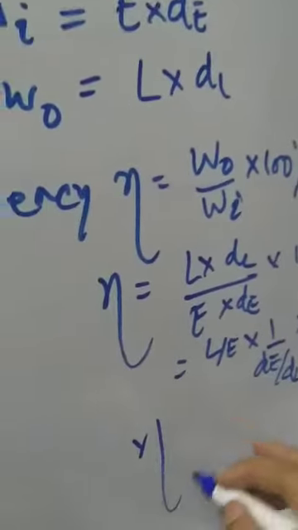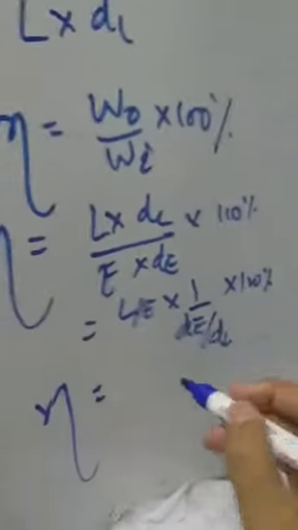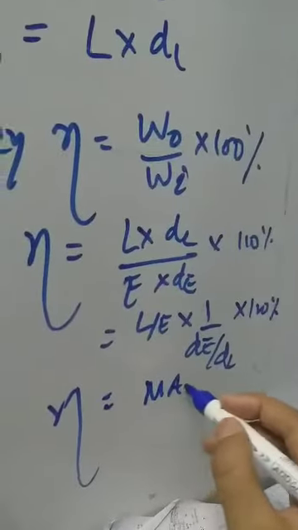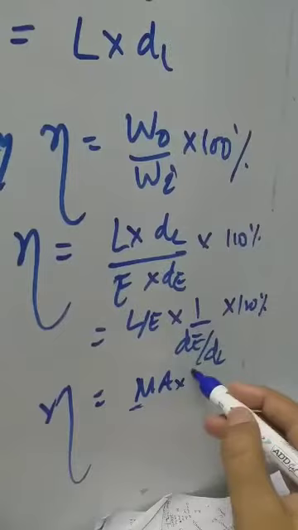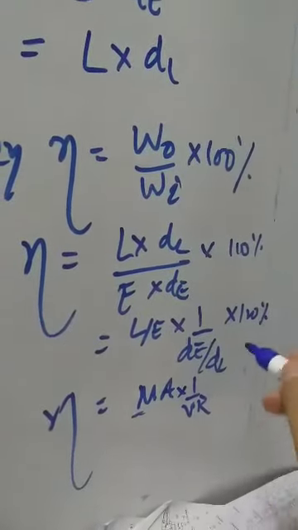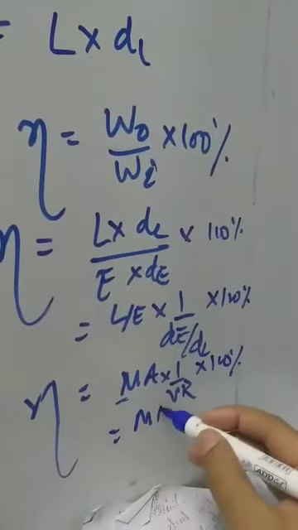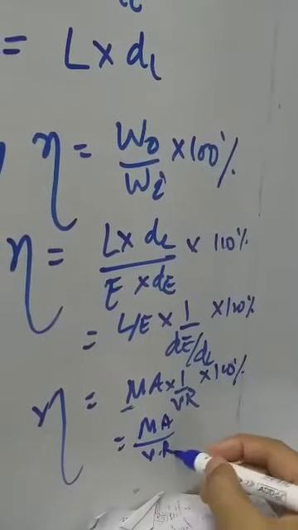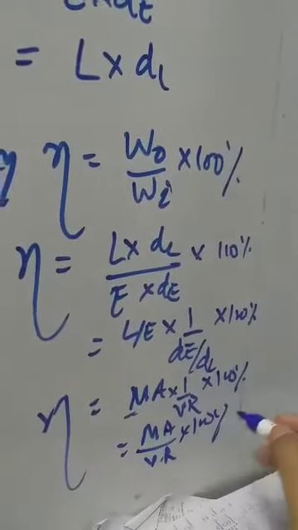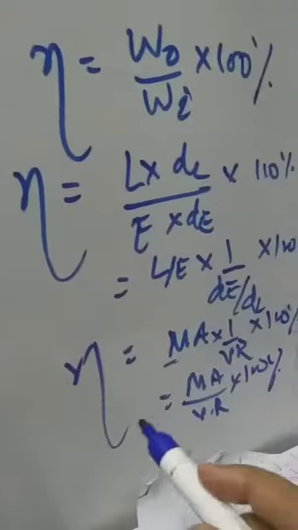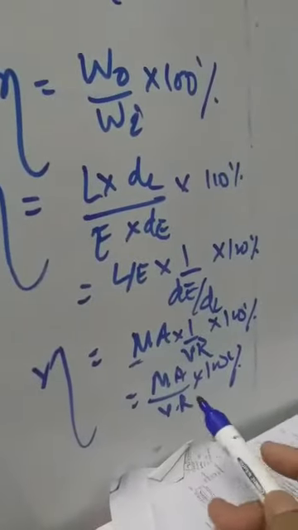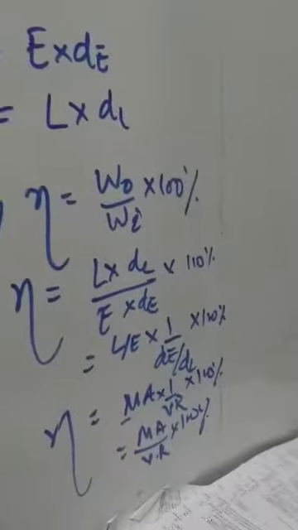So eta you are getting equal to L by E, which is mechanical advantage, and dE by dL is velocity ratio we have derived earlier, into 100%. So it is equal to mechanical advantage by velocity ratio into 100%. So this is the relationship between the efficiency of a machine, mechanical advantage and velocity ratio.